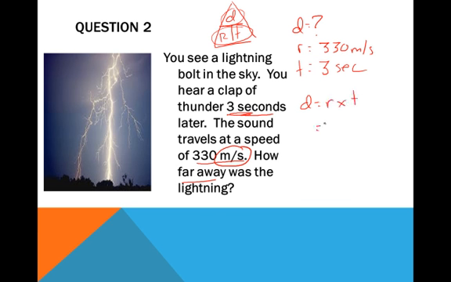R is 330 meters per second times time, which is 3 seconds. 330 times 3 is going to give me 990. And you can see here there's a second in the numerator and a second in the denominator, so that's going to cancel out, and I'm just left with my meters. So it is 990 meters away.